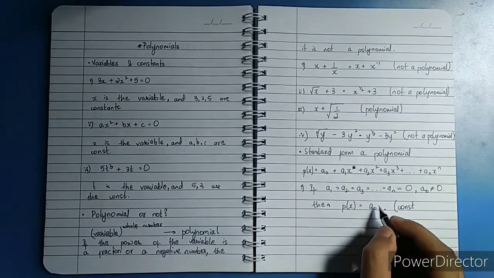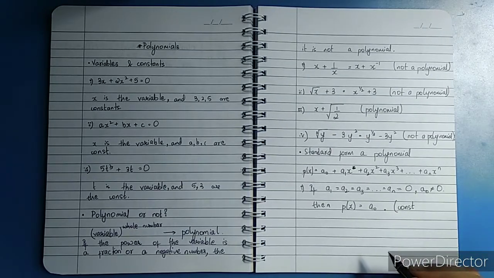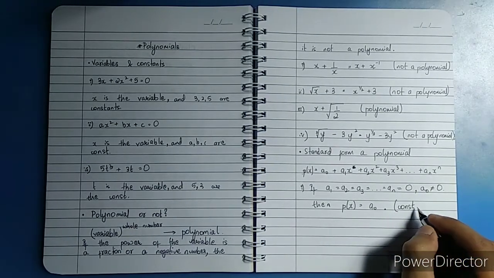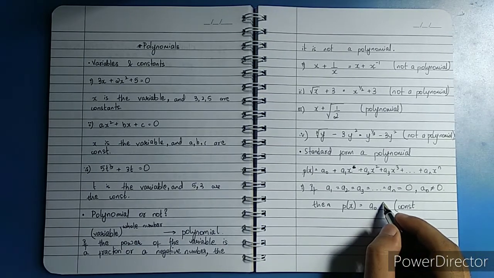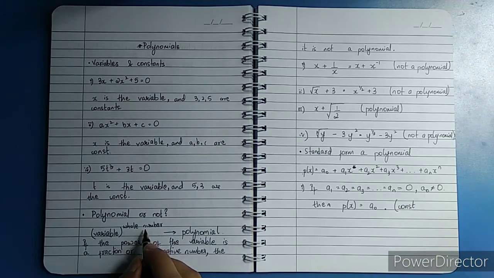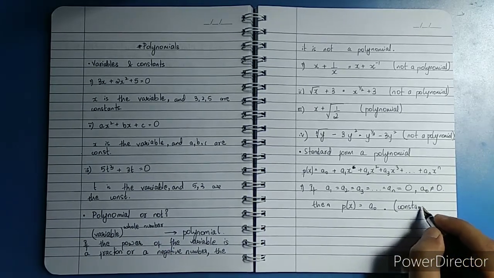Whenever there is only a constant and no variable, it means the variable has the power 0. x to the power 0 is basically 1. So a0 and the variable has the power 0. It is a whole number. Therefore, this is also a polynomial and it is called a constant polynomial.